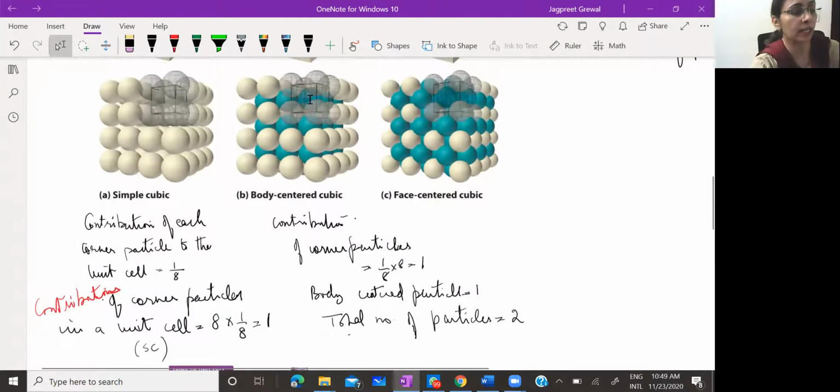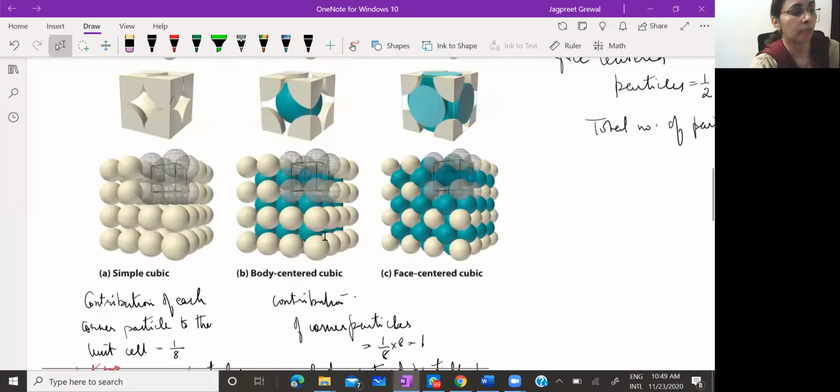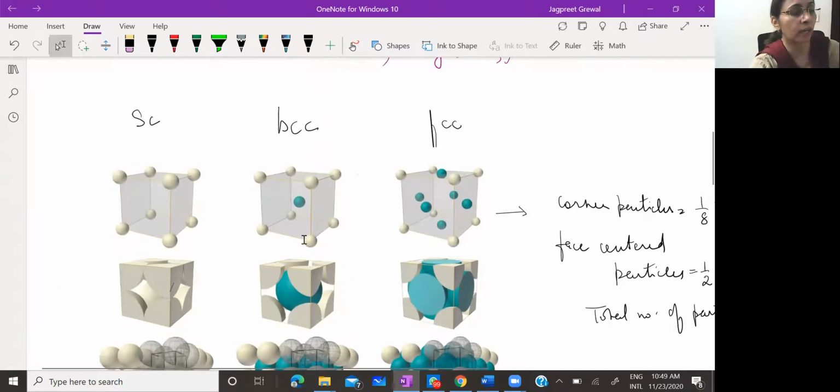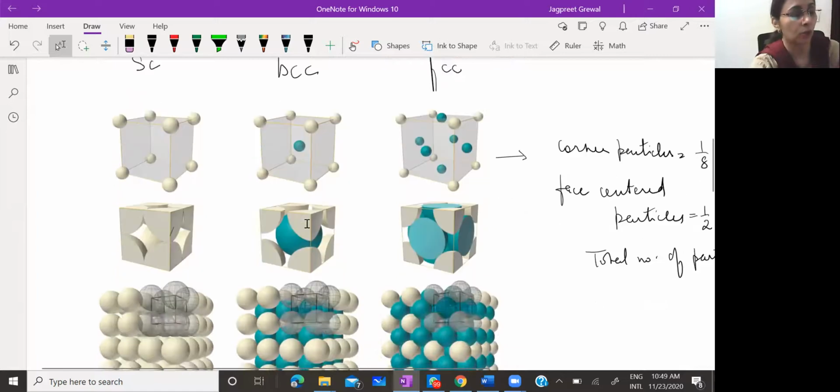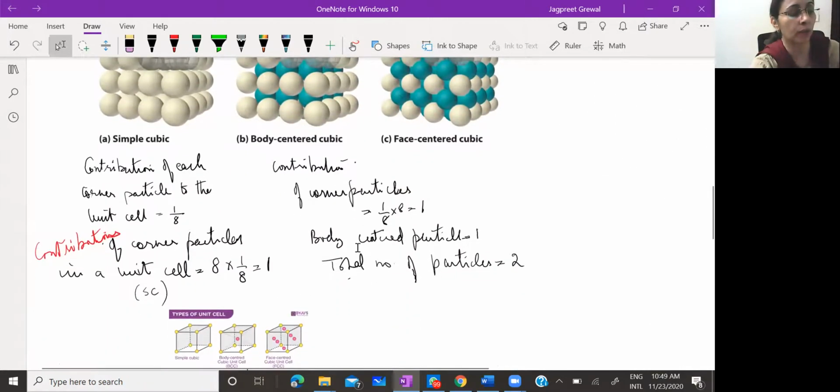Similarly, a body-centered unit cell has 8 corner particles. The contribution of 8 corner particles is 8 into 1 by 8, that is 1. And there is one particle present at the center, which is entirely in this unit cell. So the total number of particles in a body-centered unit cell is 2.